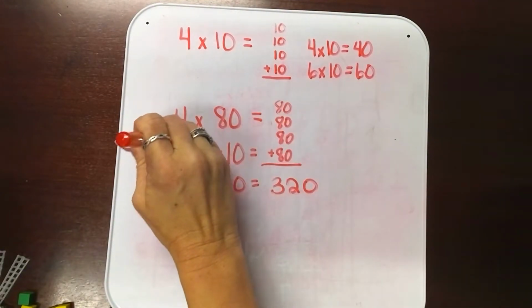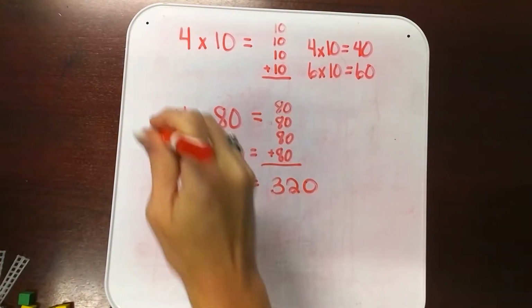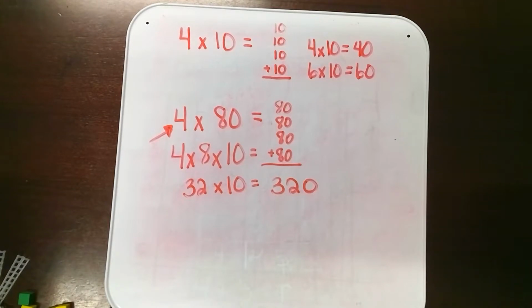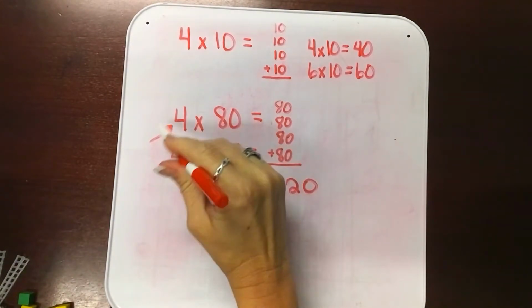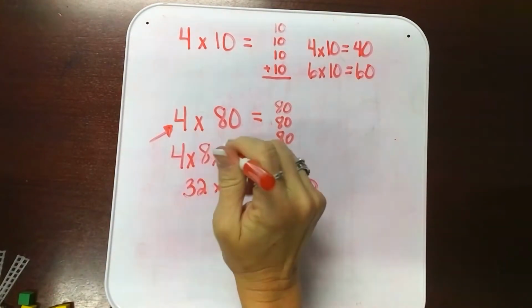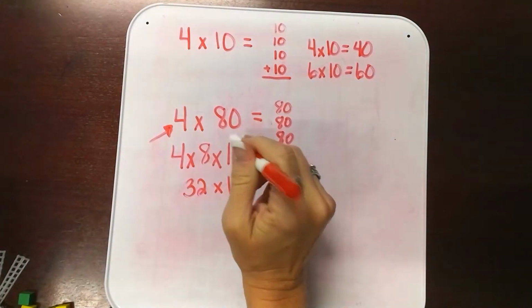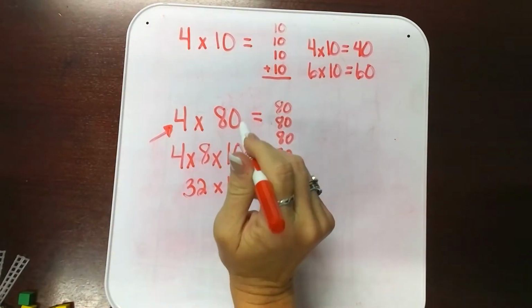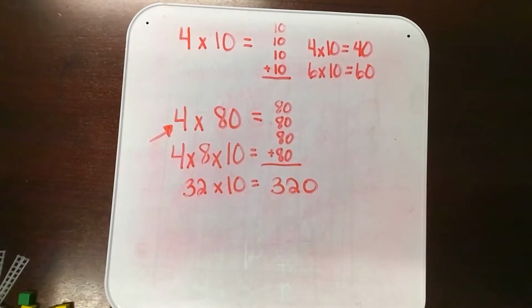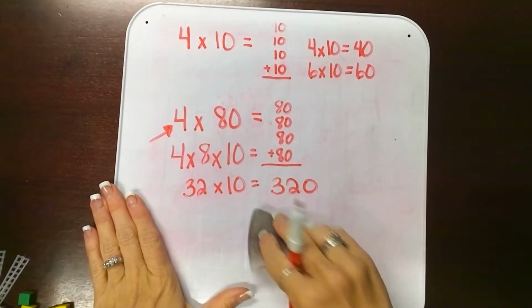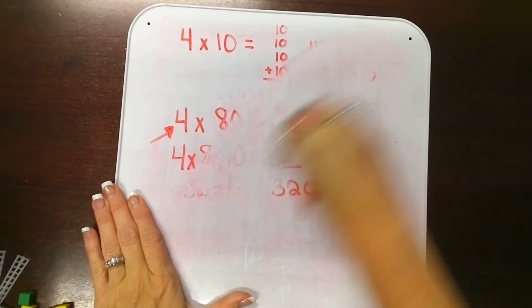This is a very important skill because when we get to the area model next, this is going to play a big part in us being able to multiply by multiples of 10 in our area model and when we do division, okay?